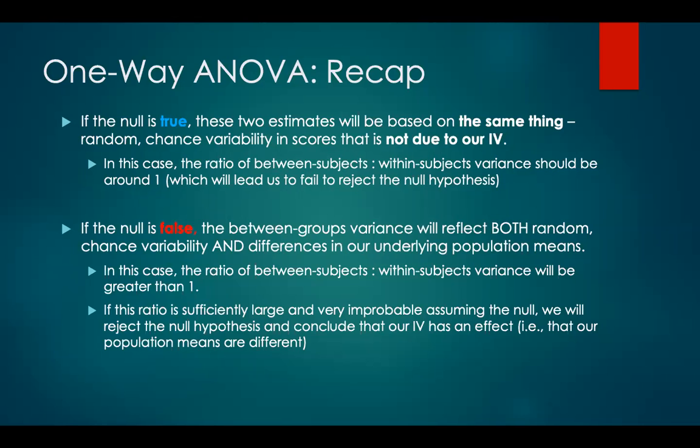However, if the null is false, the between groups variance will reflect both random chance variability and differences in our underlying population means. Now, if this is the case, the ratio of between subjects to within subjects variance will be greater than 1. Now, if this ratio is sufficiently large and very improbable, assuming that the null hypothesis is true, we will reject the null hypothesis and conclude that our independent variable has some effect, that our population means are different.